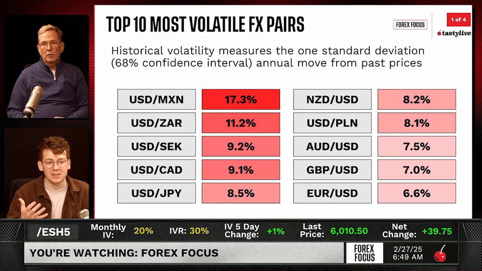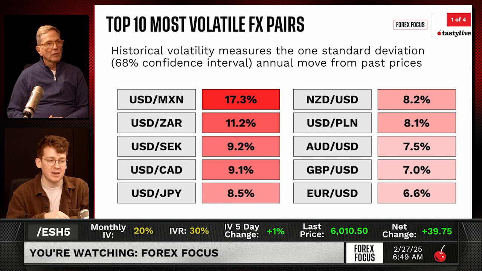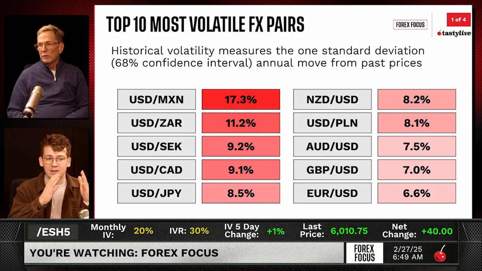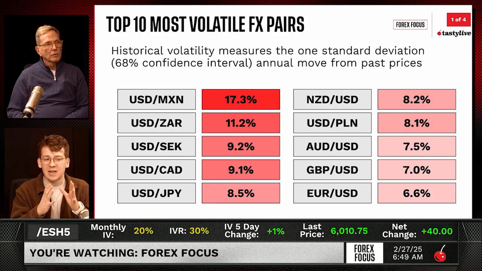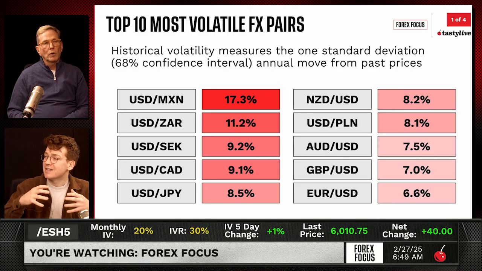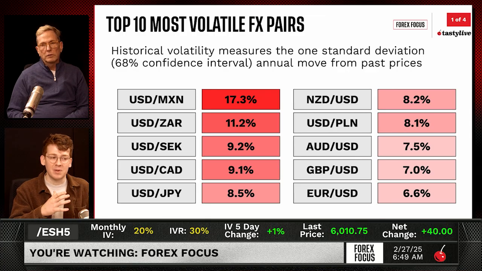What this number essentially tells you is, you're looking at dollar peso up there at 17.3%: given historical prices, this market is expected to move 17.3% on an annual basis, plus or minus, in the next year. But that comes with a 68% confidence interval.